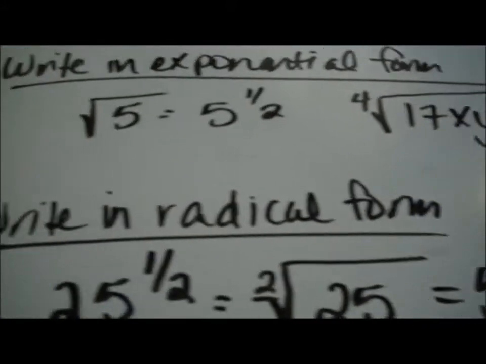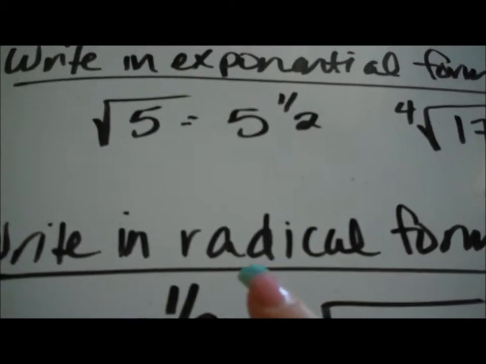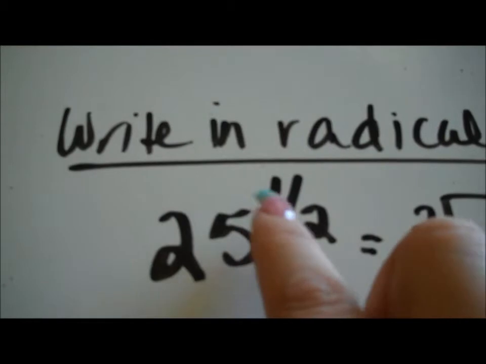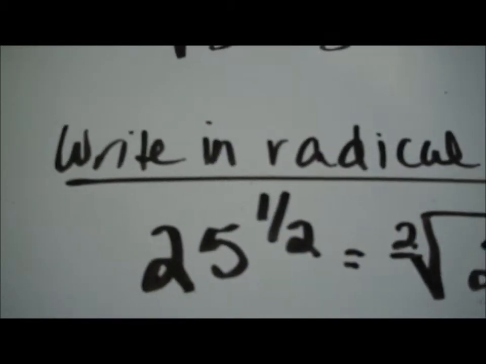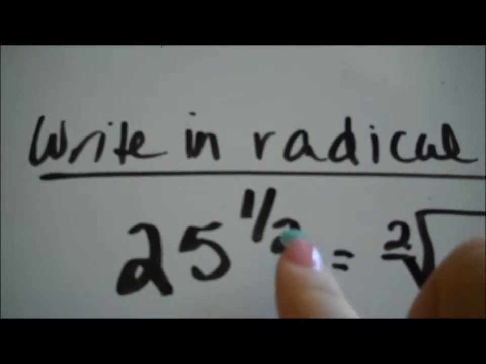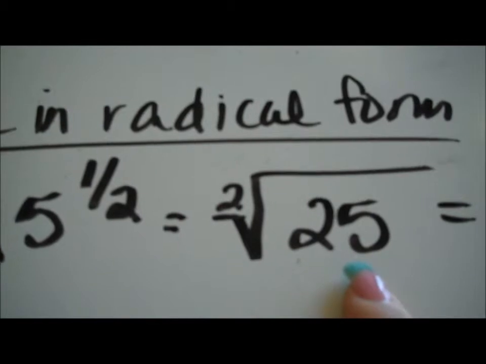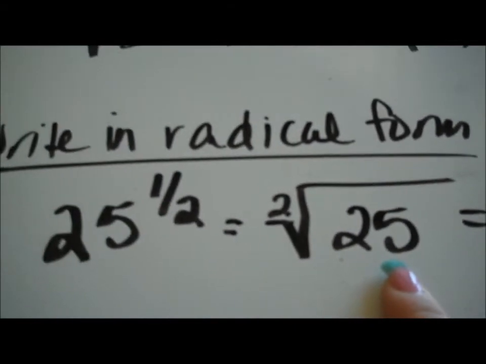Now, if I wanted you to go backwards and write stuff that was in exponential form into radical form, so we have 25 to the 1/2 power. That means that 25 is being raised to the 1 power, and this is a radical of 2, or a square root of 2. So this is how we would rewrite it into radical form.